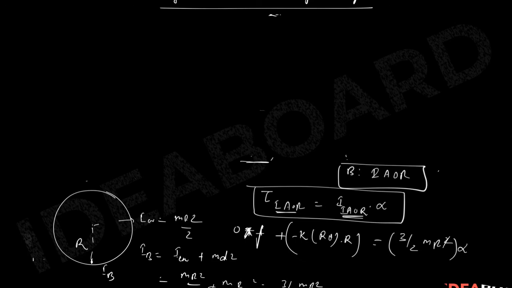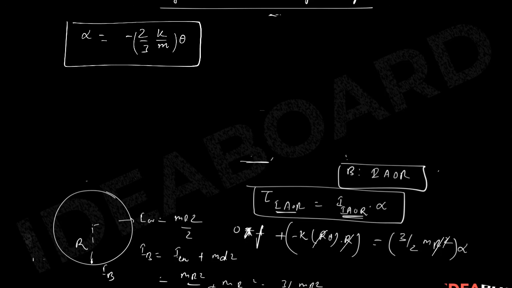So yeah, if that is true, then what do I get here? This r and r square will be cancelled out, so alpha is equal to minus 2 by 3 k by m into theta. And then you know that this is the condition for angular SHM, because alpha, the angular acceleration, is proportional to minus of theta in angular SHM.